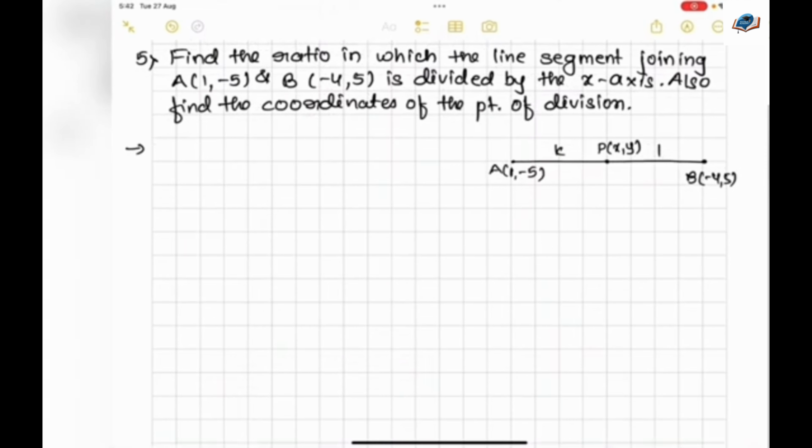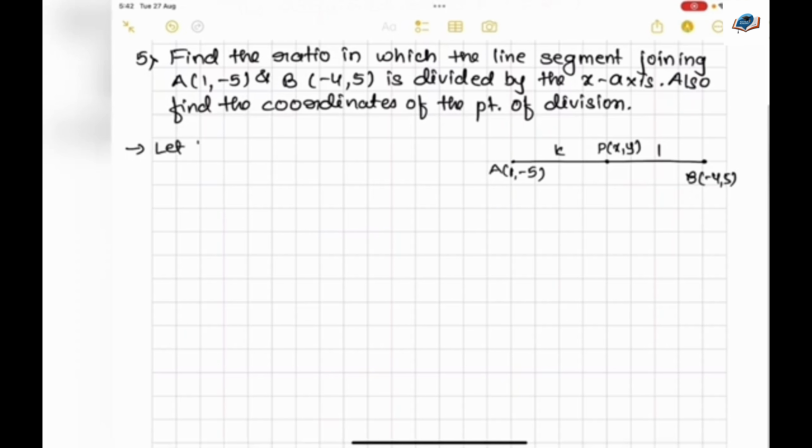Now, next question says find the ratio in which the line segment joining A 1 comma minus 5 and B minus 4 comma 5 is divided by the x-axis. Also find the coordinates of the point of division.